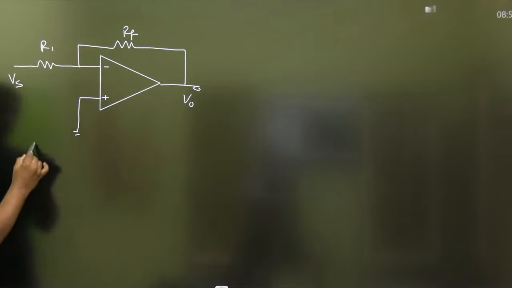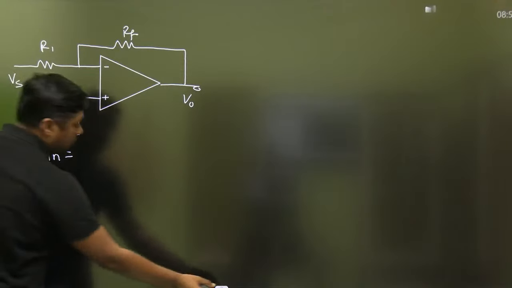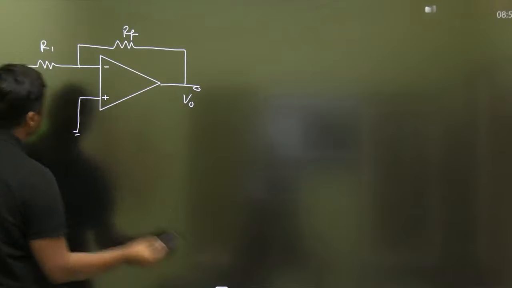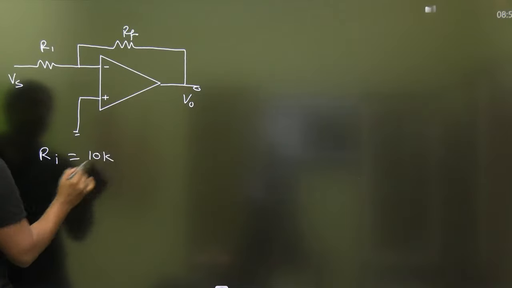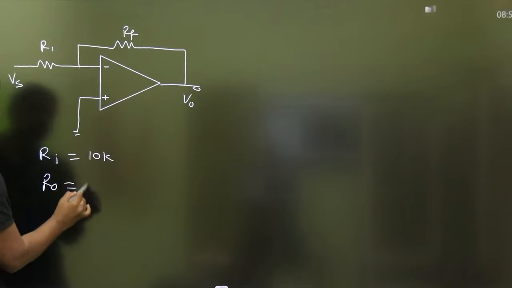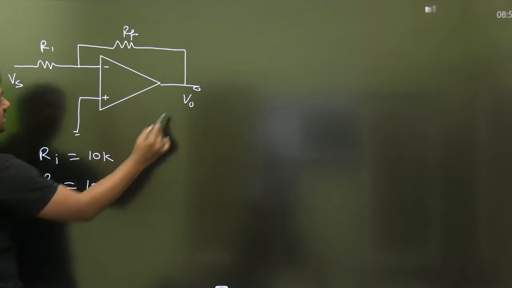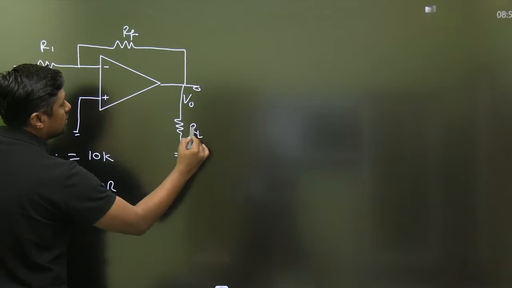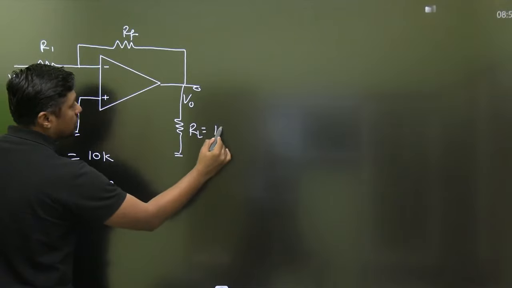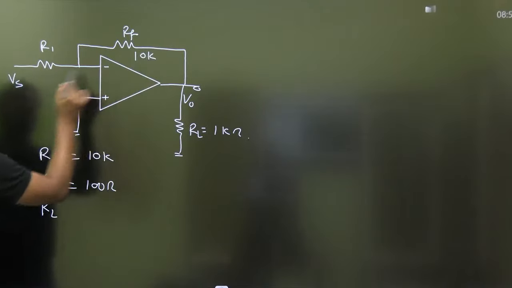For example, Ri of the operational amplifier is given as 10 kilo ohm, R0 is given as 100 ohm, RL is connected and given as 1 kilo ohm, and RF is given as 10 kilo ohm. Let this be 1 kilo ohm.